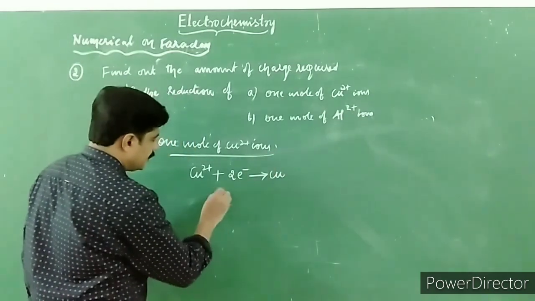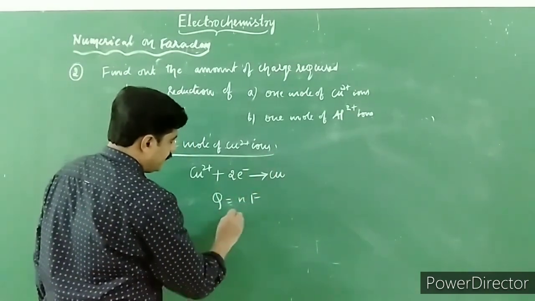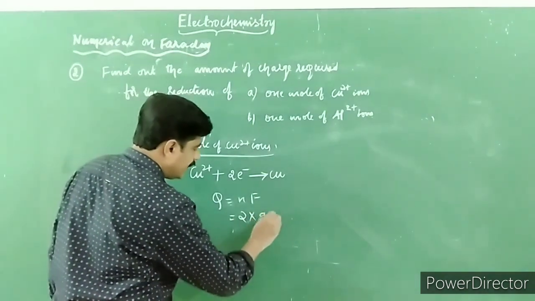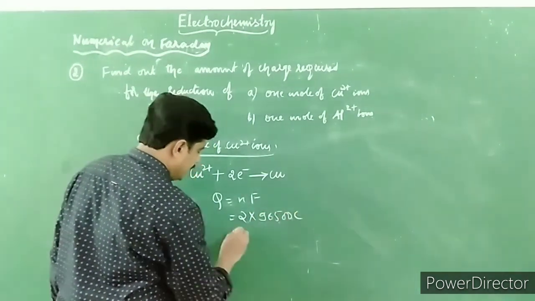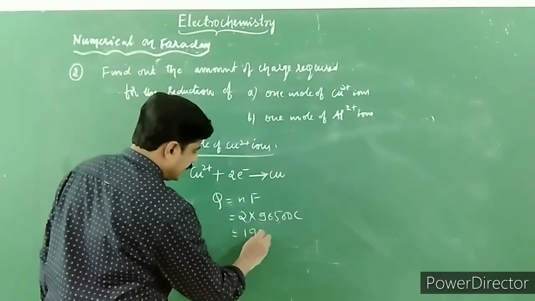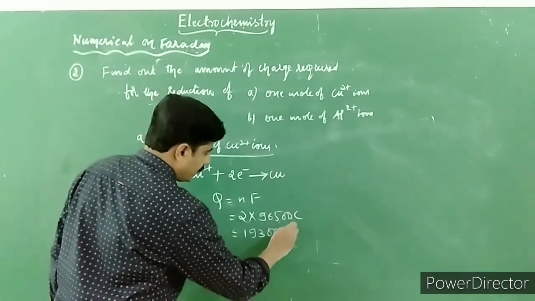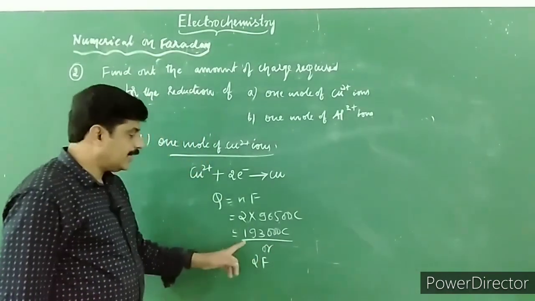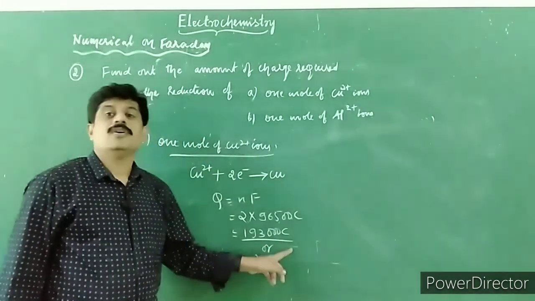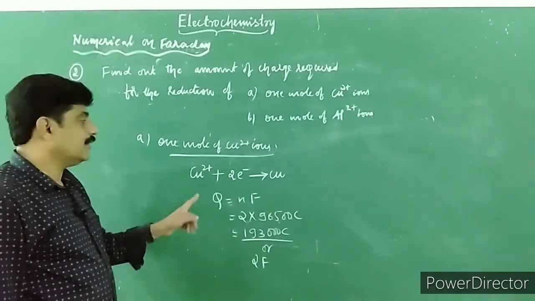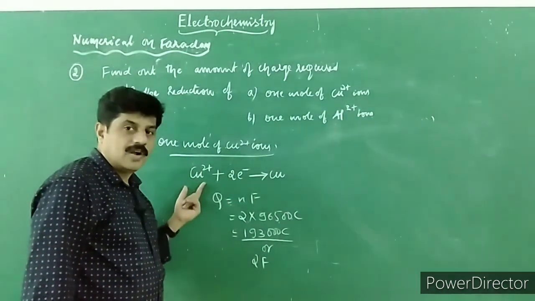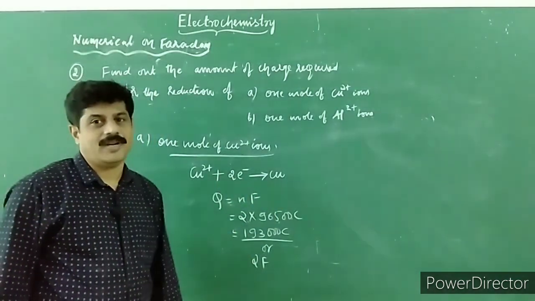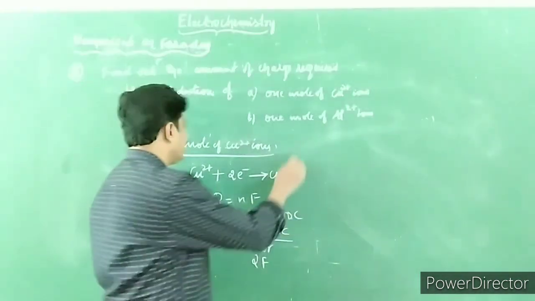You know Q is equal to n into F. So how many moles of electrons are required? 2 moles. 2 into Faraday. What is the Faraday value? 96,500 coulombs. That is equal to 193,000 coulombs. Otherwise 2 Faraday. You can say that 193,000 coulombs are required for the reduction of 1 mole of copper ions into copper. Otherwise 2 Faraday of charge required. Hope you got it.